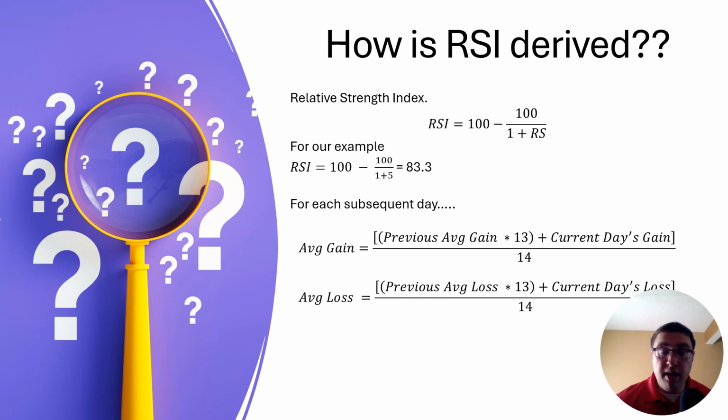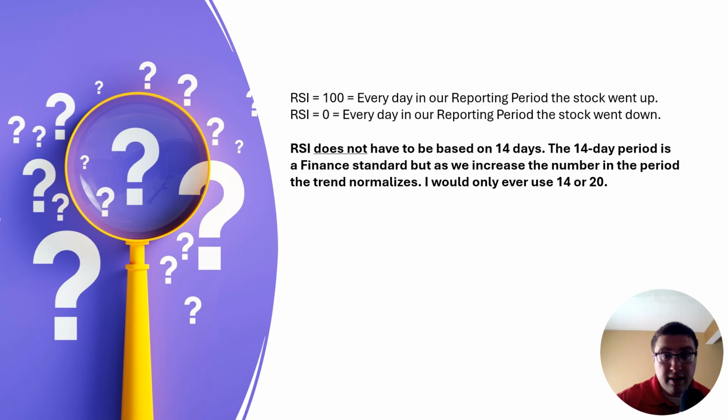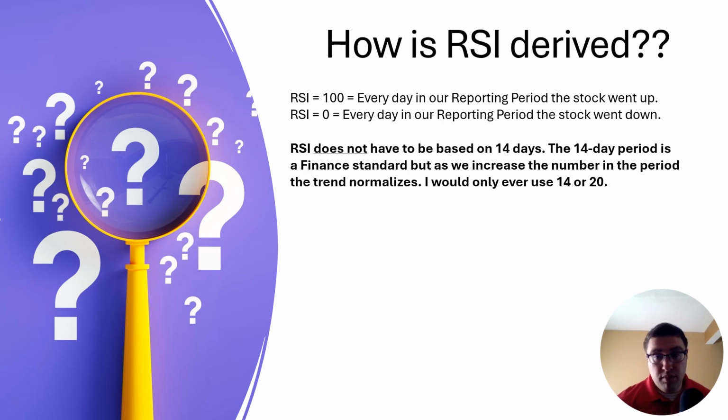RSI could be 14 days, 20 days, 30 days, whatever. So the denominator will change depending on your period. Likewise, with the first part of that equation, it'll be the last X number of days for that period. Now, with RSI, very simple.